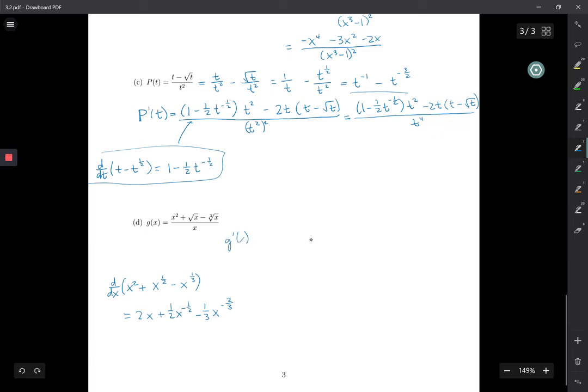We can go ahead and use that in our formula. The derivative of the denominator is just 1, because the denominator is just x. So I won't write that part out.